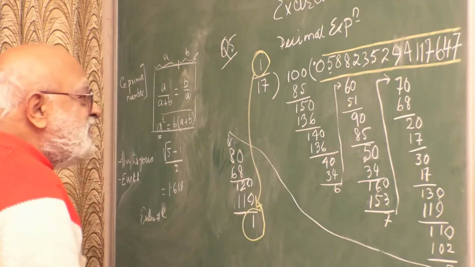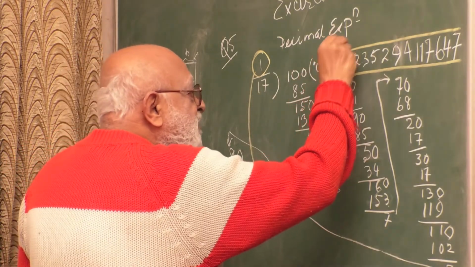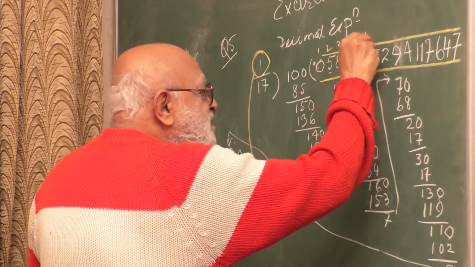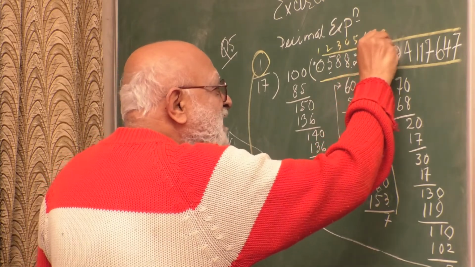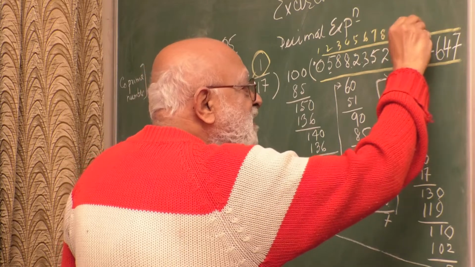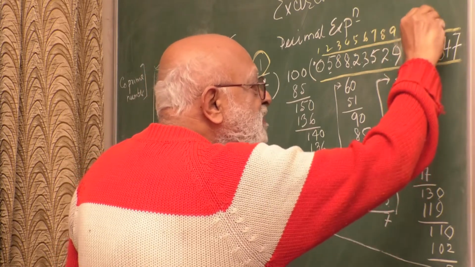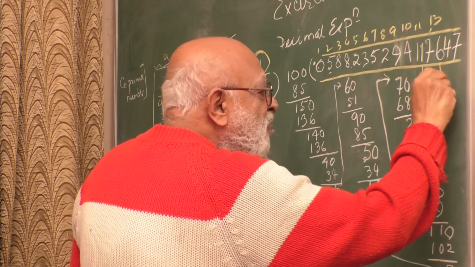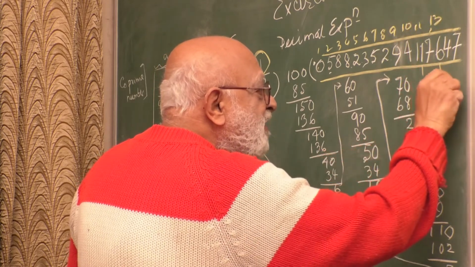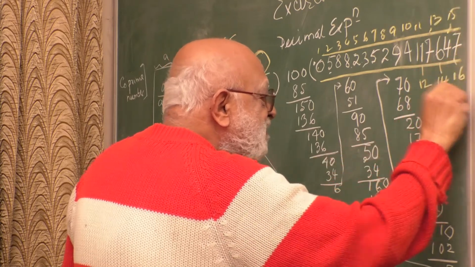So how many digits we got? 1, 2, 3, 4, 5, 6, 7, 8, 9, 10, 11. I come here on this side, 12, 13, 14, 15, and 16.